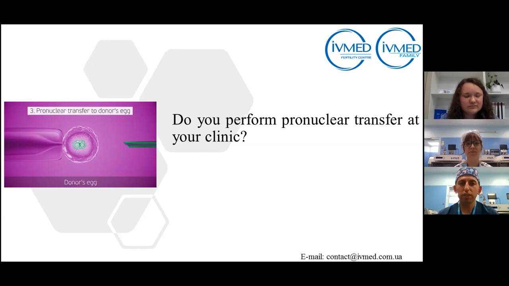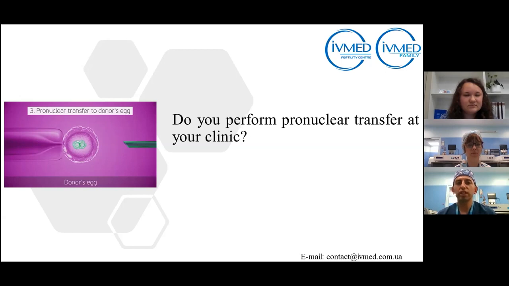Pronuclear transfer is mostly for when we have a very low ovarian reserve. They have almost 1 or 2 eggs, but because of the age factor, polycystic ovary syndrome or different metabolic factors, oocyte quality is really low. That means cytoplasmic activity is low, and there is a possible mitochondrial DNA disease occurring during embryo development.